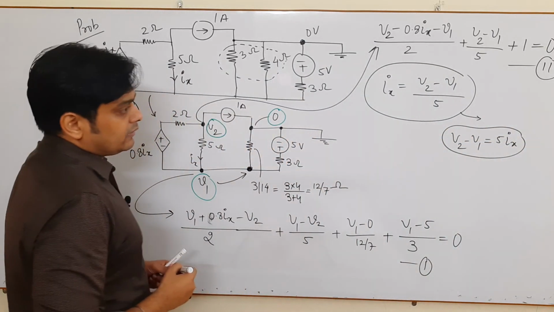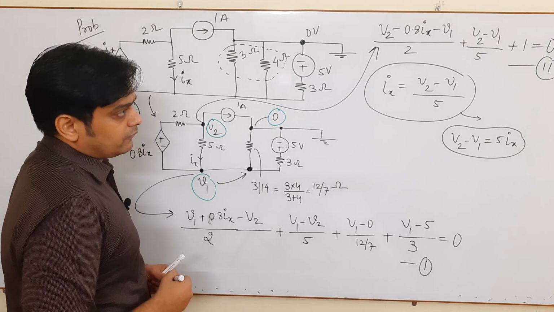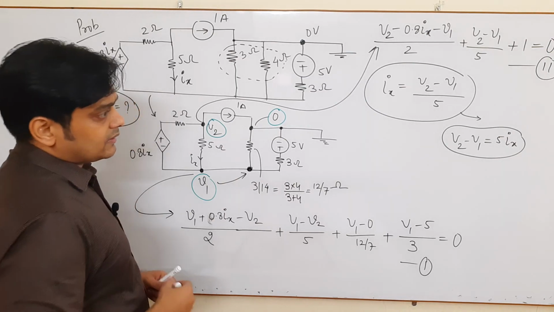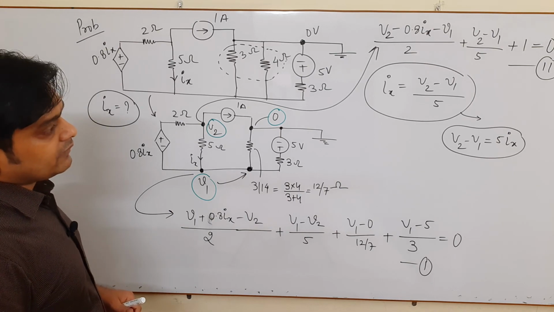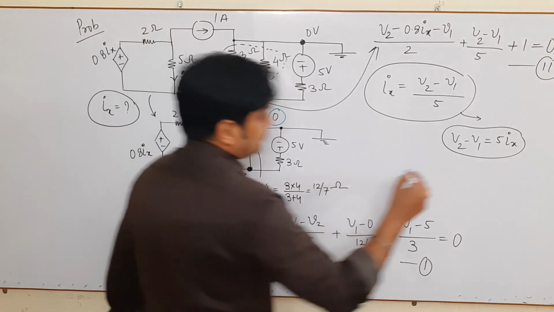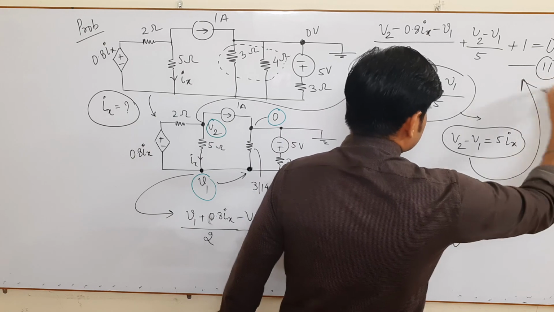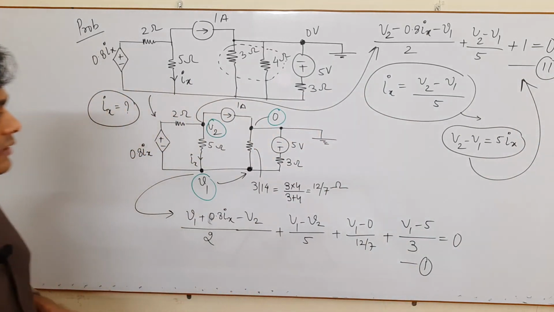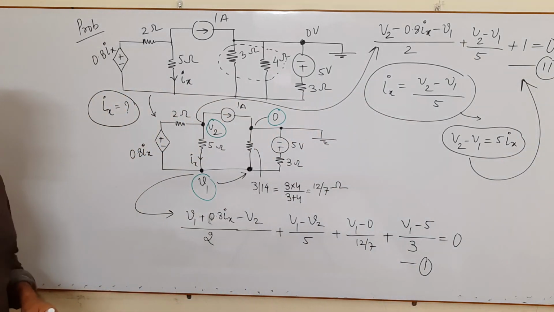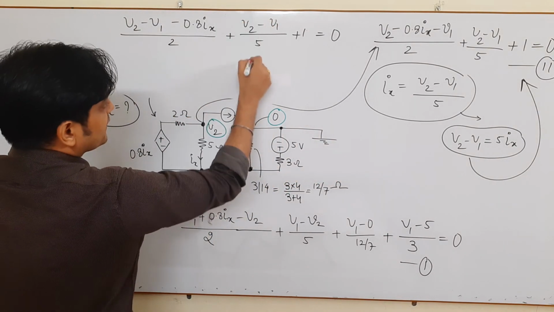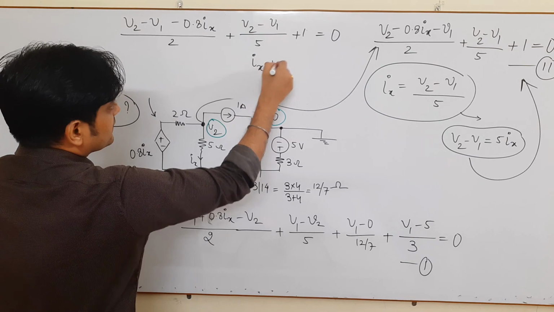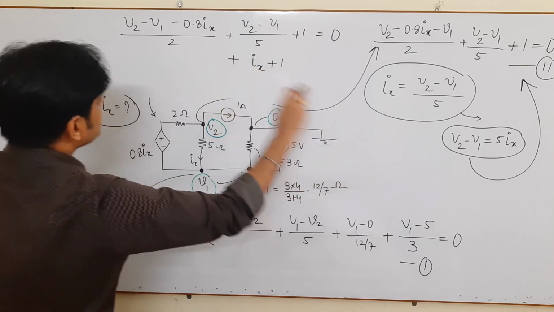V2 minus V1 is equal to 5 of Ix. So if I put this value in this equation, we will see what will happen. If you put V2 minus V1, see this factor is Ix, so I can write Ix plus 1 plus V2 minus V1 is 5Ix.